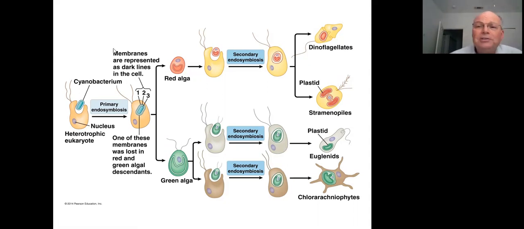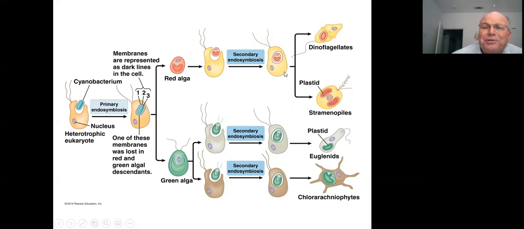But we can trace the plastids, the chloroplasts of one line or several lines of photosynthetic protists to a red algae. Their chloroplasts are clearly derived from red algae. So that tells us that there has been a secondary endosymbiosis of the red algae, with the accompanying loss of the vast majority of the cytoplasm, the nucleus, and all the other cellular material of that red algae.